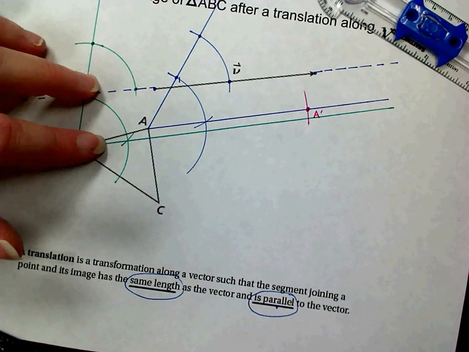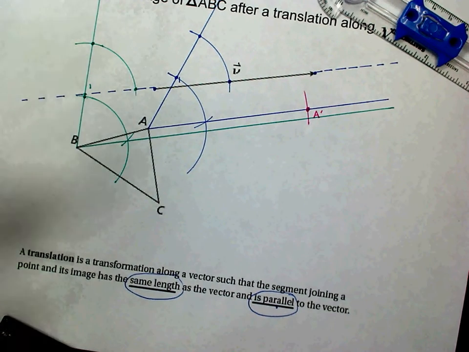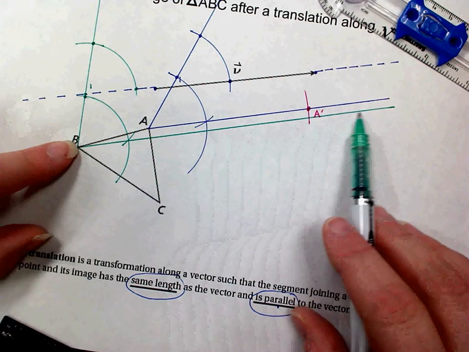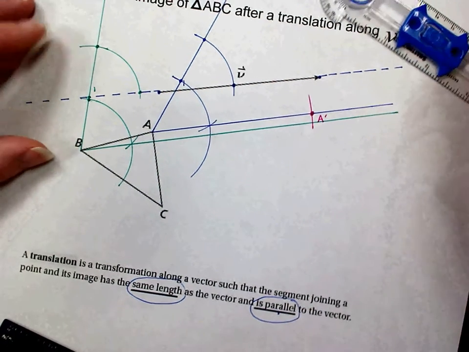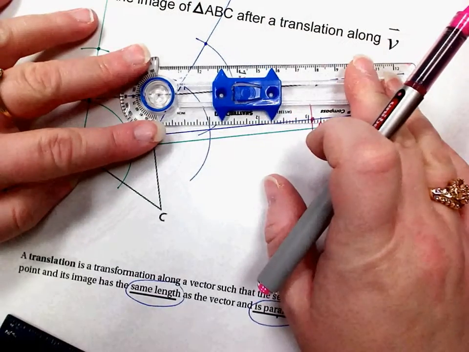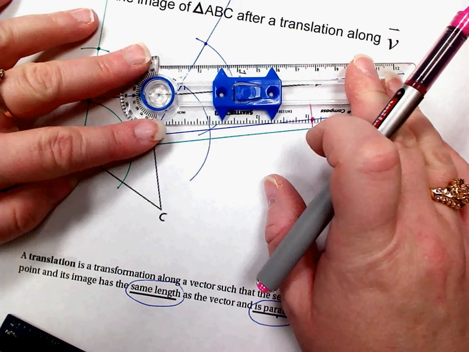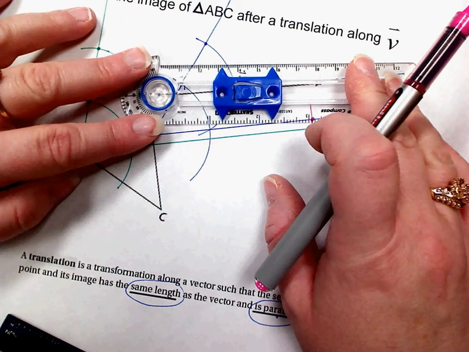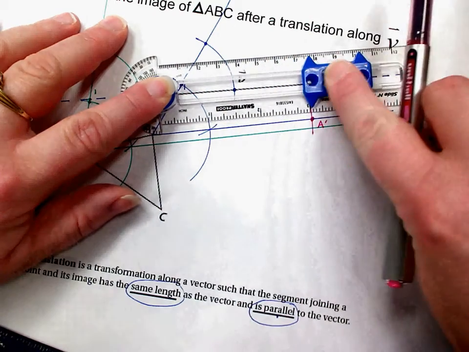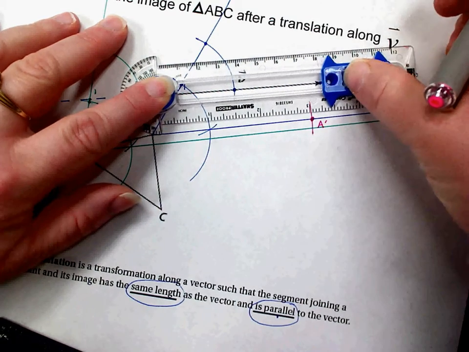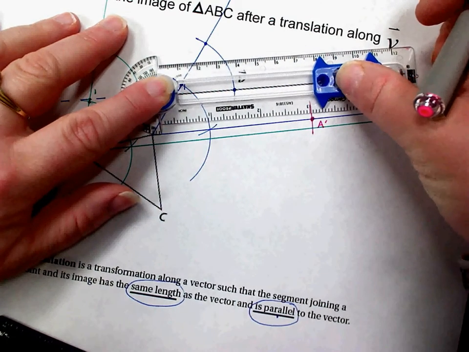Now I haven't placed B prime, I just know it's somewhere on this green line. So to place where B prime is, I'm going to go back up here and measure the length of my vector. Put the point of my compass on 1, the initial point, and open up my compass so that the whole setting is on the terminal point.